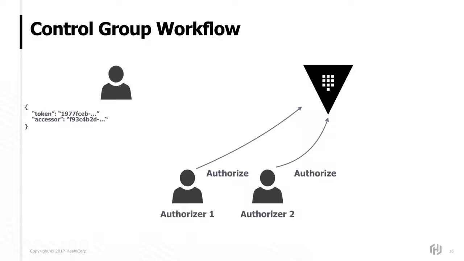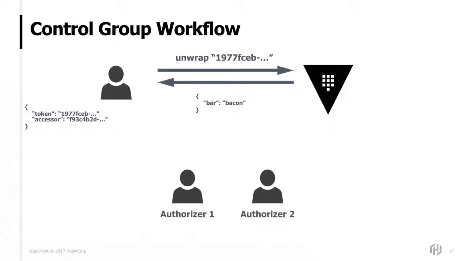And the authorizers, once they have the accessor, can either choose to authorize a request by making an API call to Vault, saying we allow this along with the accessor that was given, or they can decide to deny the request by using the accessor to revoke the token.